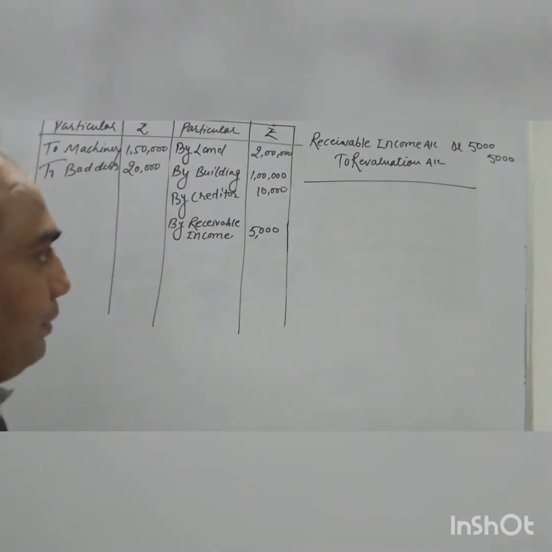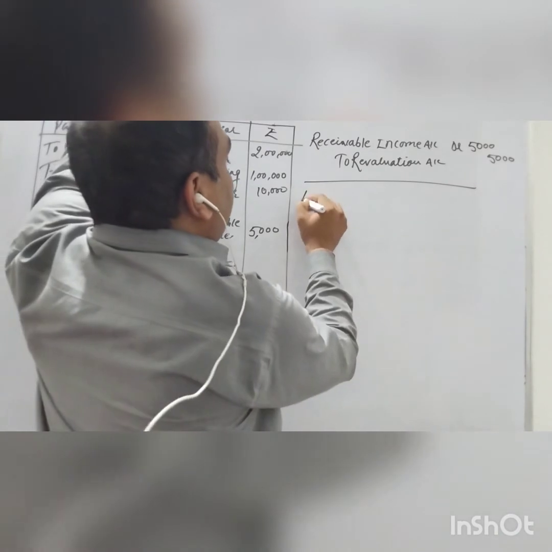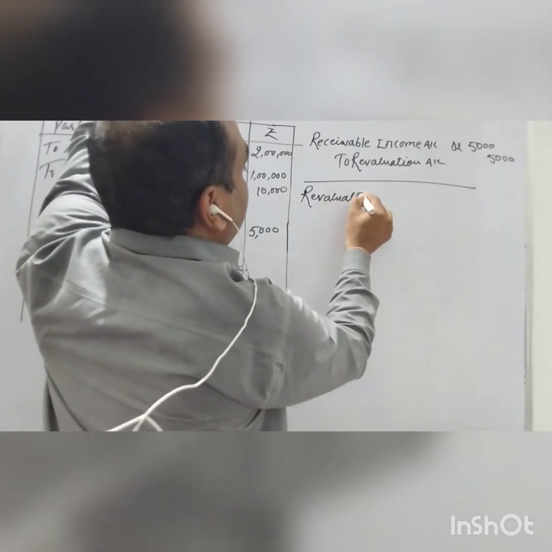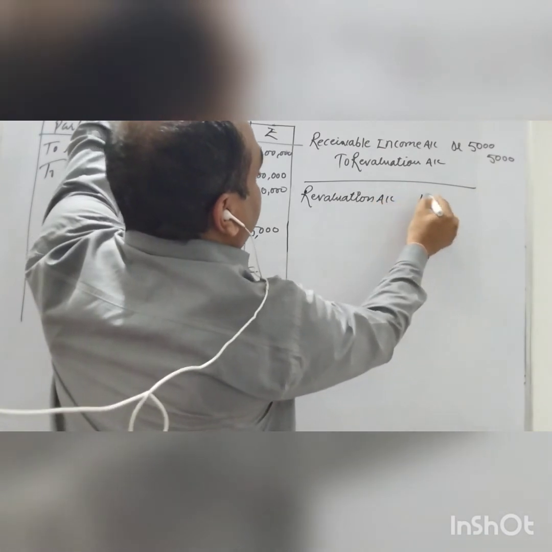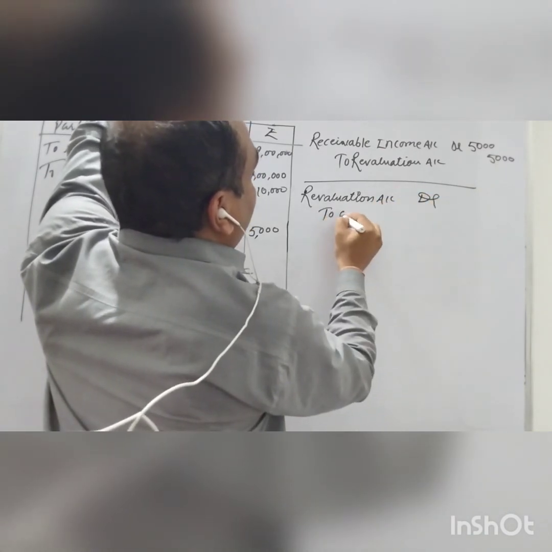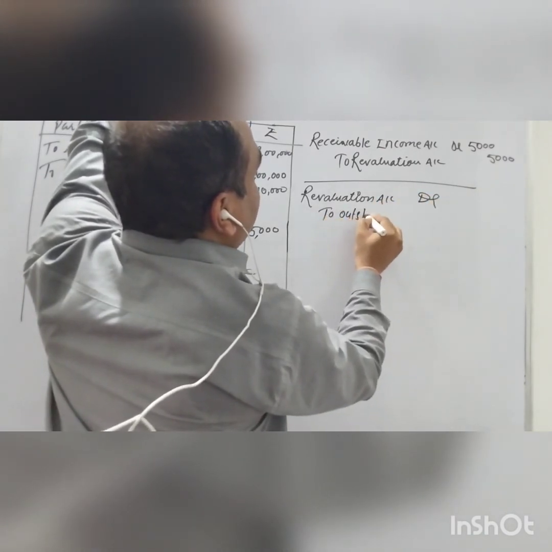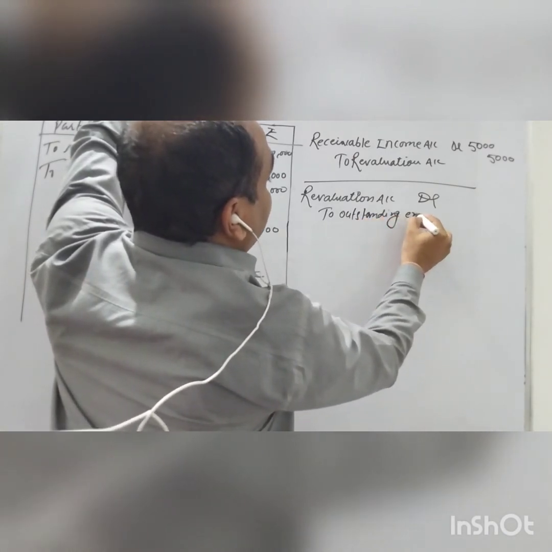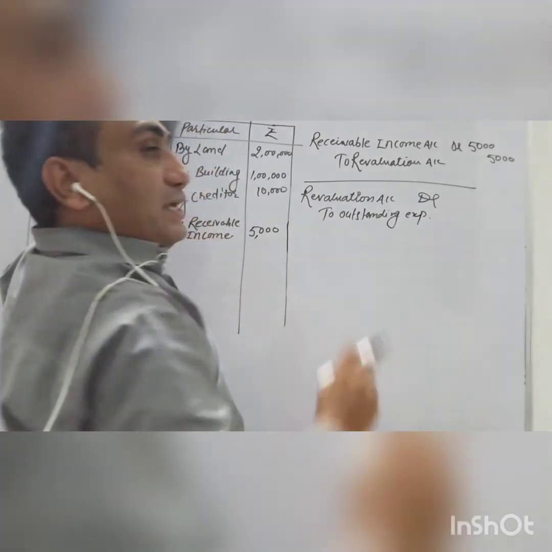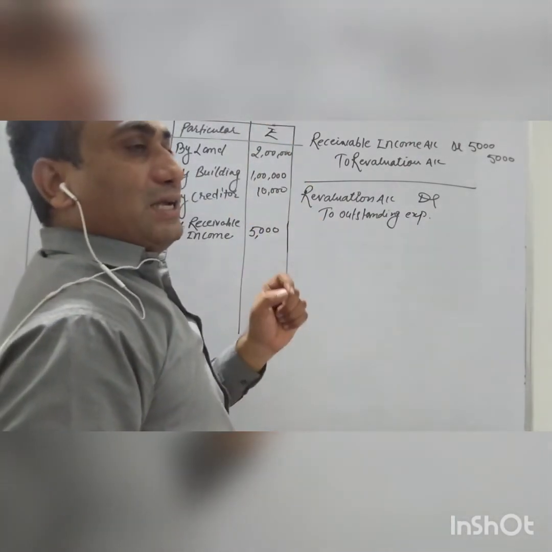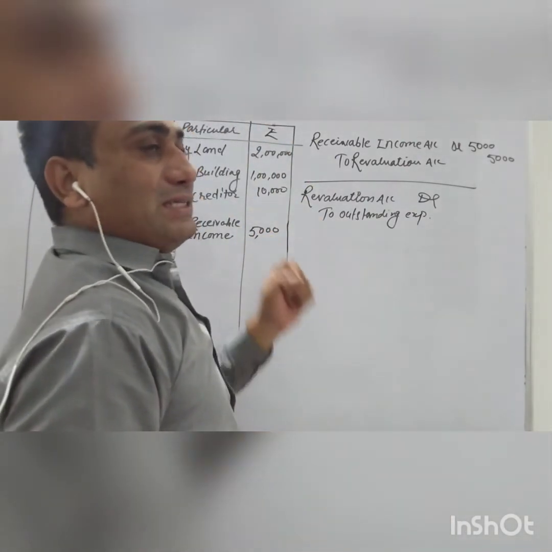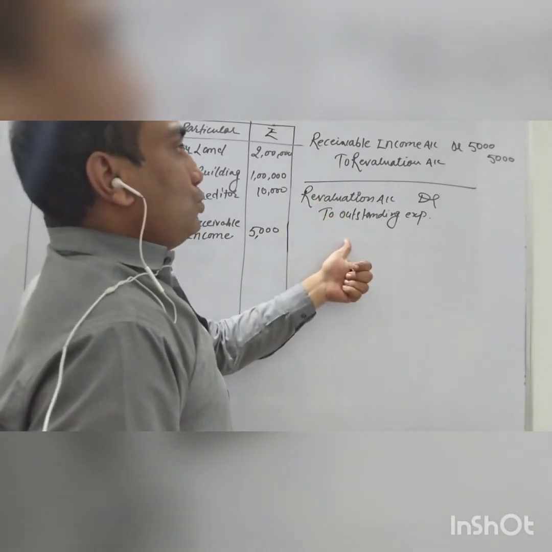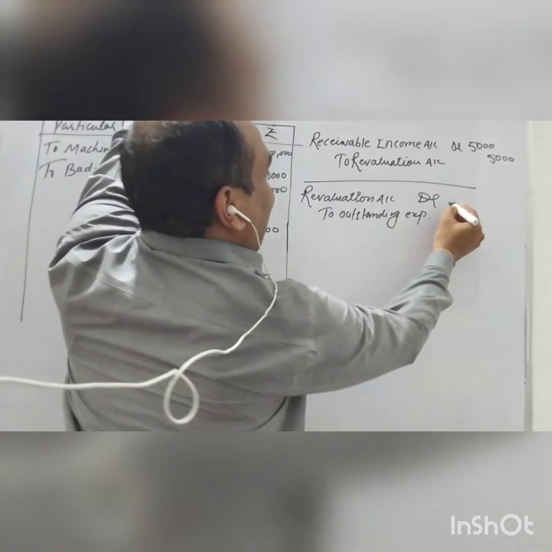Next, outstanding expenses rupees 3,000. So the entry will be revaluation account debit to outstanding expenses. Outstanding expenses, this is our liability. It will create a liability. That's why it comes to the credit side. Okay, revaluation account debit to outstanding expenses.